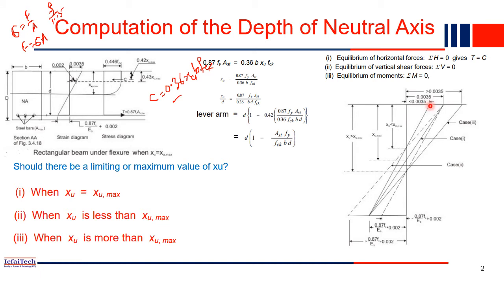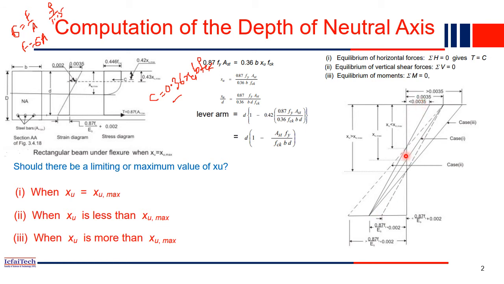Concrete failure is at 0.0035, but when the neutral axis is in case 2, steel fails here, and corresponding to that the strain in the concrete is less than 0.0035, means concrete is not failing, but steel is failing. That is allowed in our structural design. So if the neutral axis is above case 1, that is allowed, means our steel is failing first, concrete is not failing.